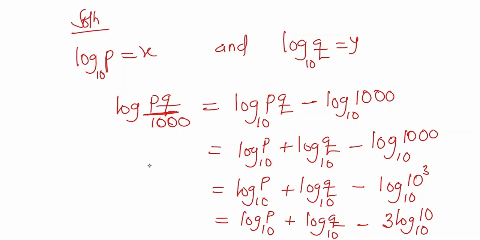Now we know the value of log p base 10 to be x, and we know log q base 10 to be y. So we are just going to do substitution wherever we find it.